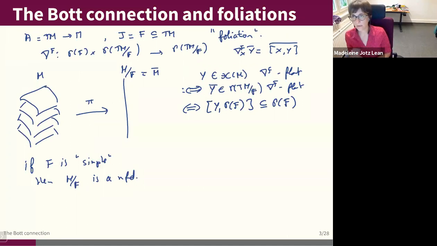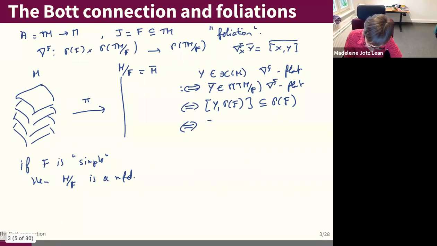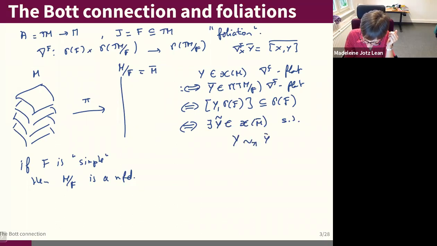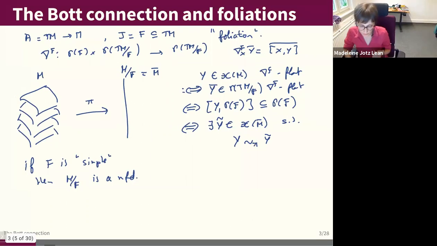And that means that we'll have a vector field on M bar that will be pi-related to Y. And you can make sense, as I said, of that locally or globally. In any case, you're going to find a vector field Y tilde on your quotient such that Y is pi-related to Y tilde.